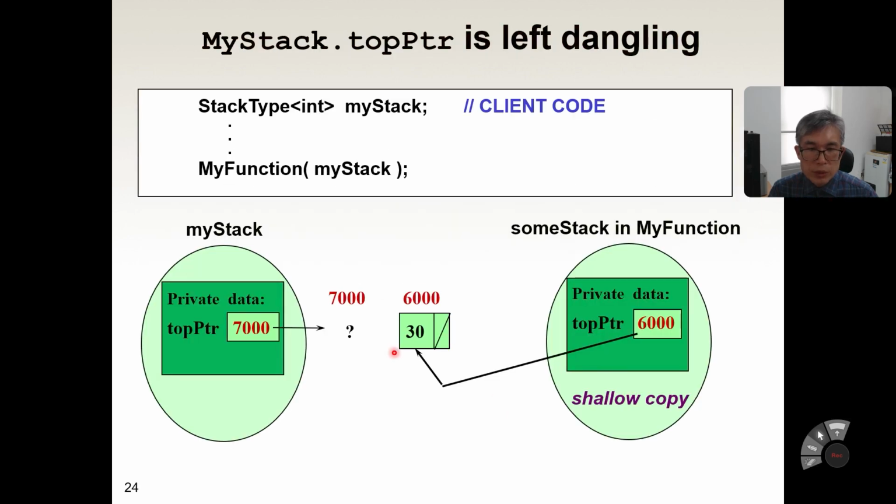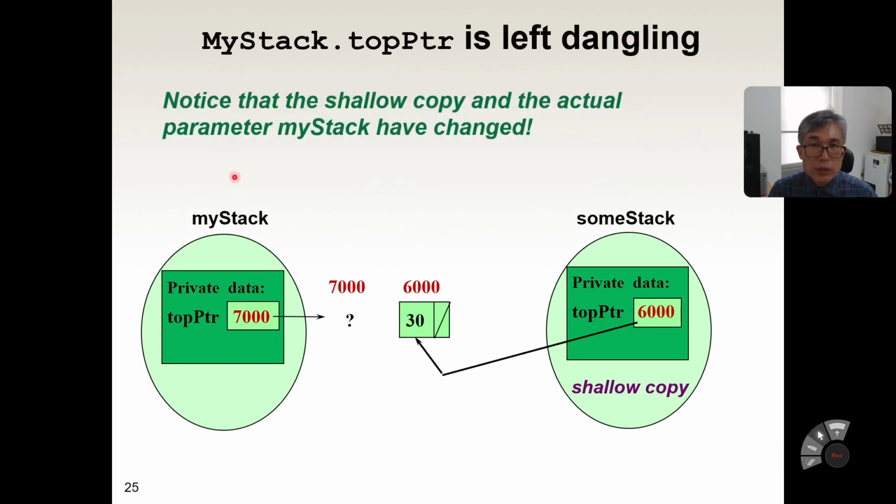We pop the top one first. Within the function body we actually pop, but outside, after the call of my function, the original stack has lost the first node, yet still points to it. This is a problem: a dangling pointer pointing to a deleted node. Notice that the shallow copy and the actual parameter my stack have changed like this.